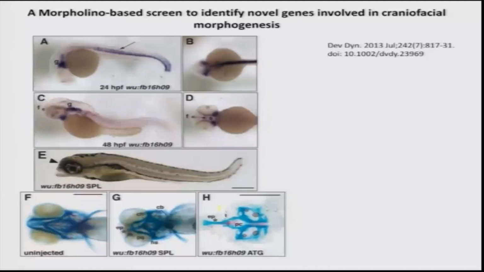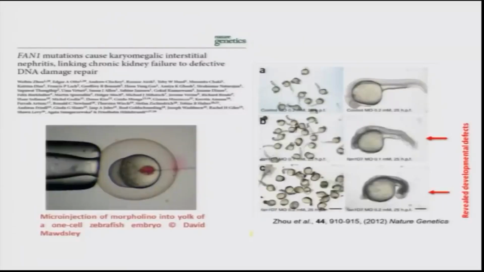So, you can see these are uninjected embryos, they are normal. You have the eye, and then you have the skull coming up. And this is one such gene. When you lose it, the skull is not being formed well. So, in this way we are able to quickly come up with genes that are involved in this process, so that in fact there are several implications. I will show you one more example.